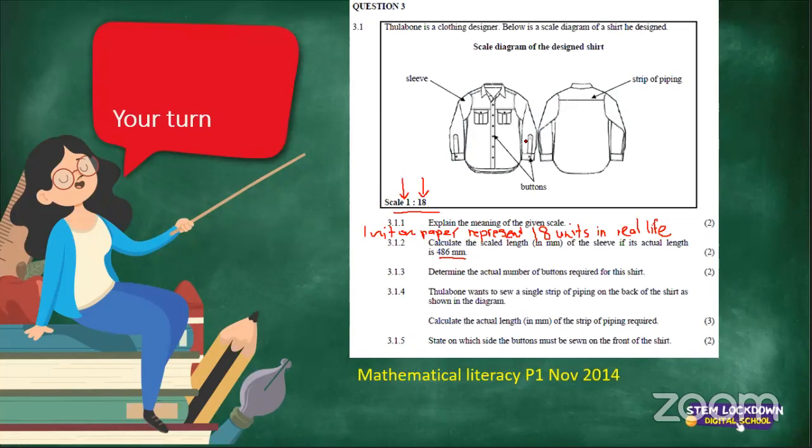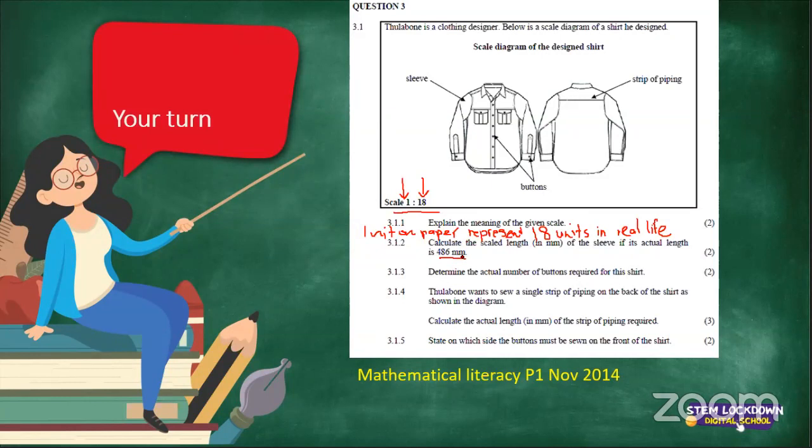I don't have much time, so let us continue. To change from the distance on paper to the actual distance, you need to multiply by 18, because 1 unit on paper represents 18 units in real life. When going back, the opposite must occur, so I need to divide by 18.